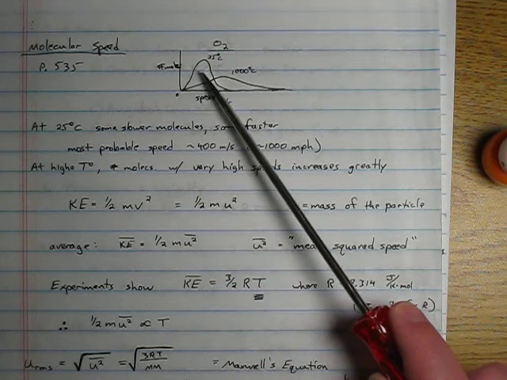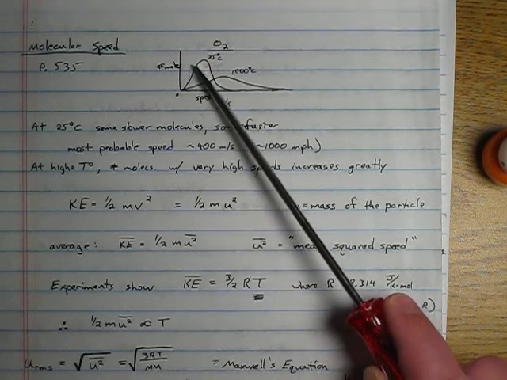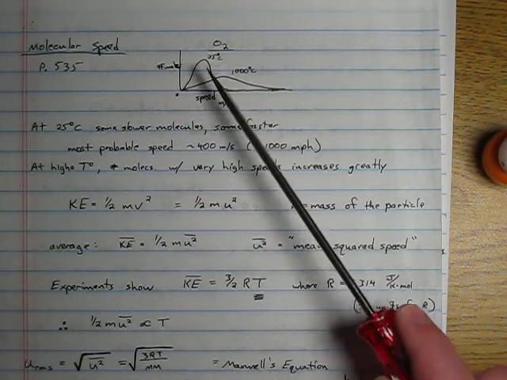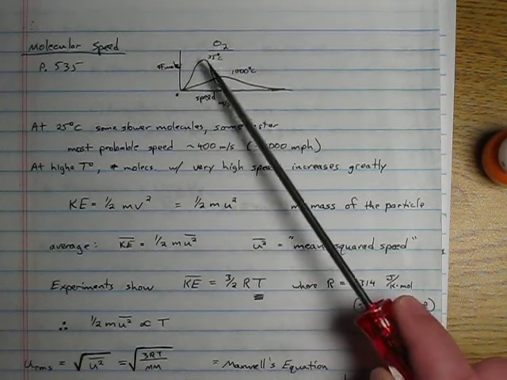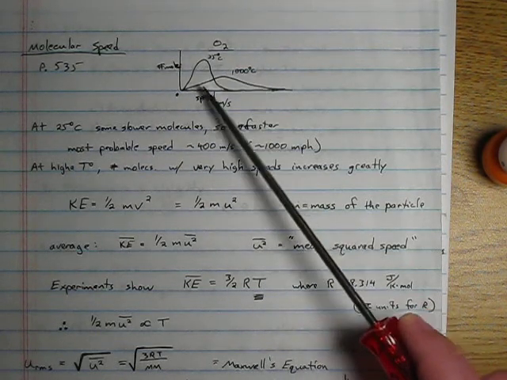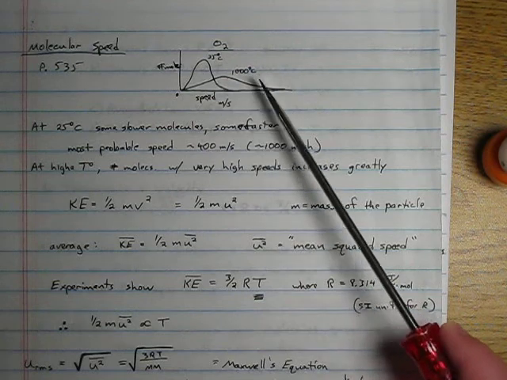The average speed here gives you that kinetic energy and that temperature. But you've got a range of speeds. Some molecules are moving slowly, some are moving much more quickly. But they average out to a certain kinetic energy, and that kinetic energy will give you 25 degrees Celsius. As you increase the temperature, note that this curve spreads out.